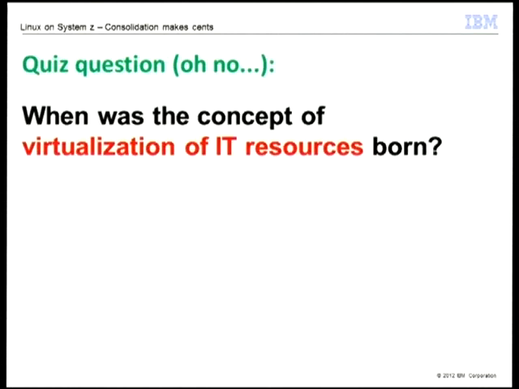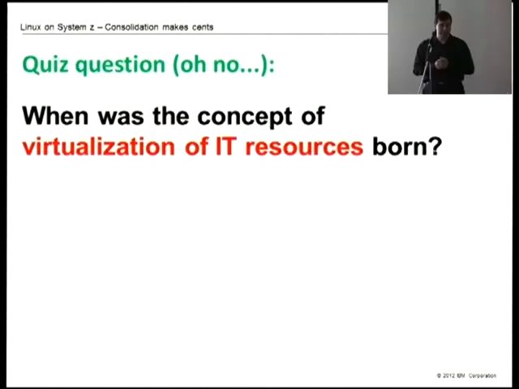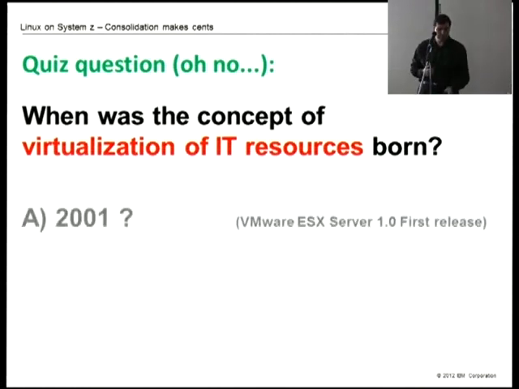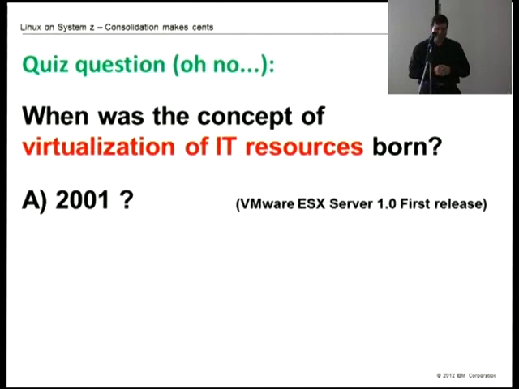Okay, I will be very quick about this because I have less than 10 minutes left, so I'm not going to play quiz with you. I will just tell you the options and the answer, and I have to warn you that it's a trick question. Virtualization, that's a big concept lately. When do you think the concept was actually invented?